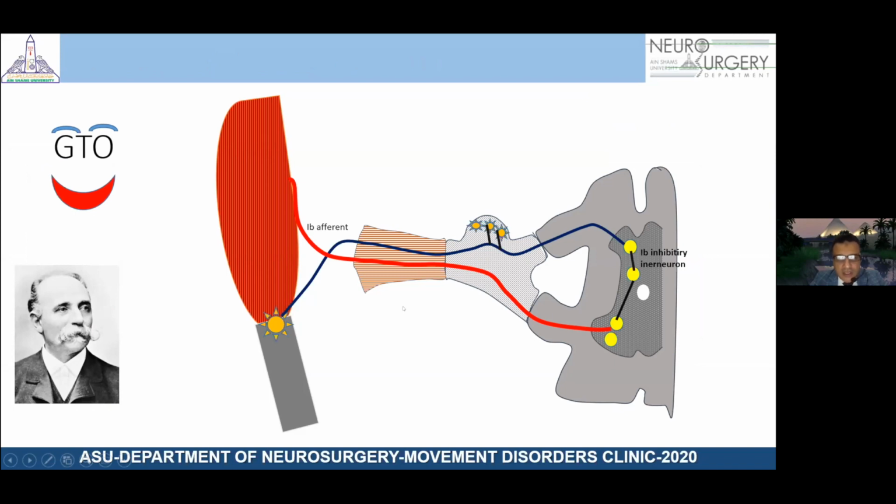Also, we can consider this anatomical and functional fact discovered by Professor Golgi, which is the Golgi tendon organ, a mechanoreceptor present in the myotendinous junction that has an important role in controlling and developing motor function, especially in children.